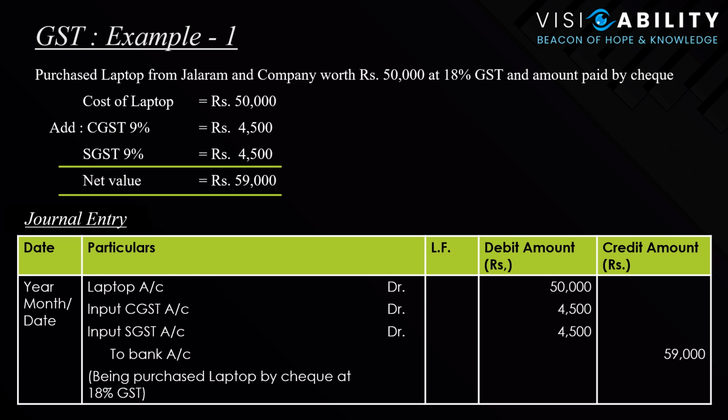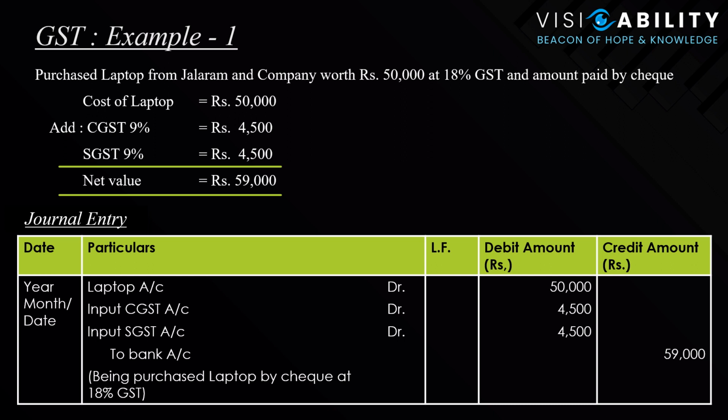Now, the trick behind calculating, for those who do not know how, is that 9% is an odd figure. If you remember, I did tell you in one of my videos that when it's a 10% calculation, just remove the last digit of the given figure. So here for 1%, just remove the last two digits of the given figure. So for 50,000, 1% would be 500.